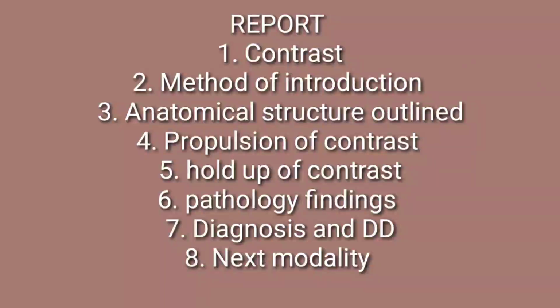In barium studies, the most important thing is to write the report, to sum up your findings and your diagnosis. For that purpose, you should have all these eight points in view. The first and foremost is that you must mention which contrast has been used for this investigation. Mostly barium sulfate is used for GIT studies. The best contrast for the GIT is barium sulfate.